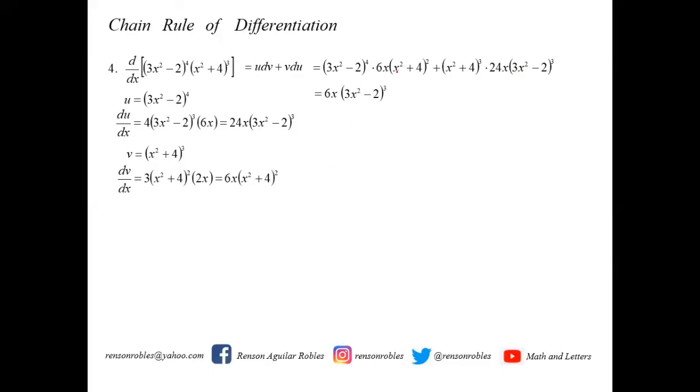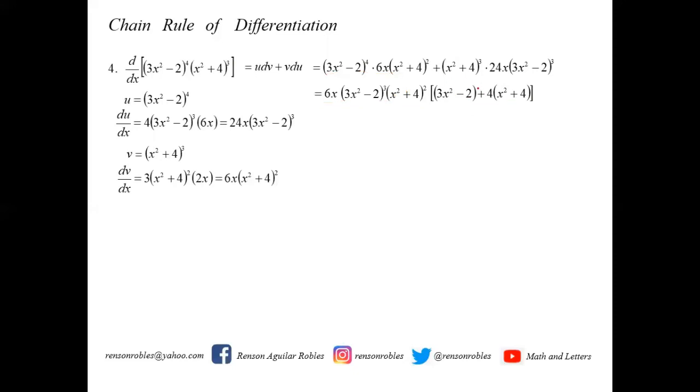And then for x squared plus 4, this is x squared plus 4 to the 2nd power, x squared plus 4 to the 3rd power, and the common monomial factor is x squared plus 4 to the 2nd power. When these three factors are removed from the first term, we shall have 3x squared minus 2, then plus 4 times x squared plus 4.